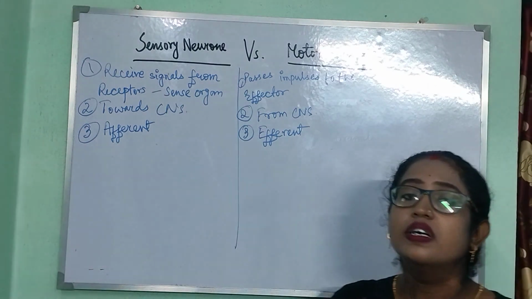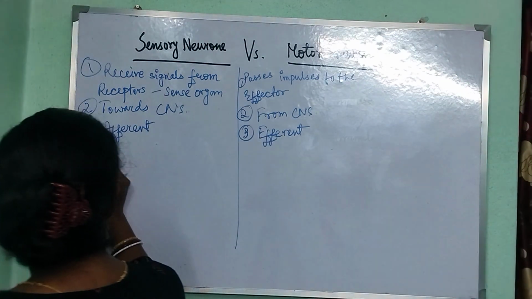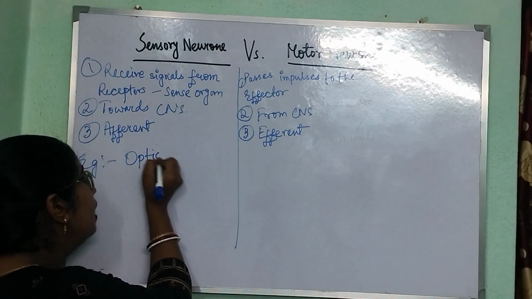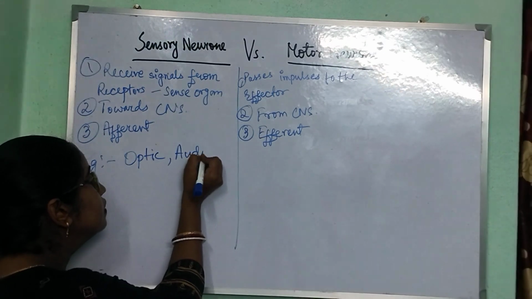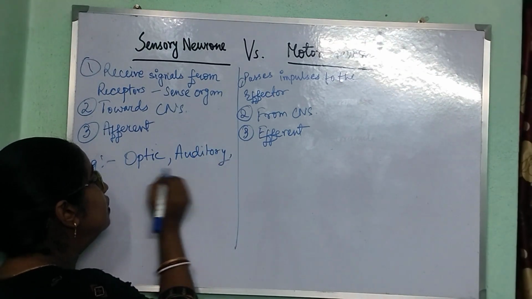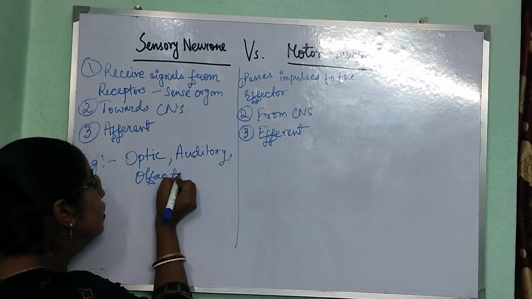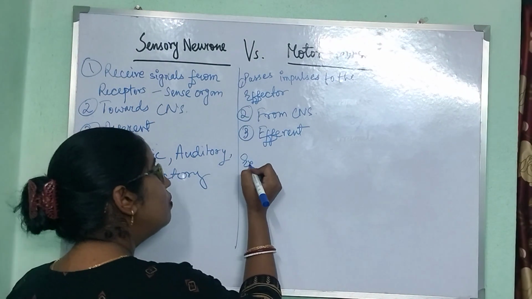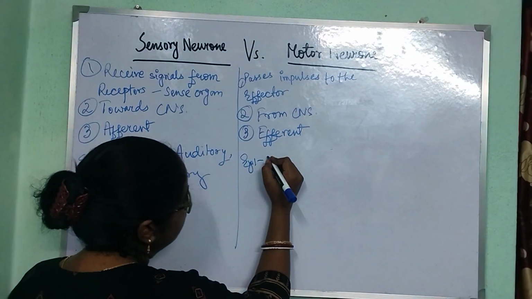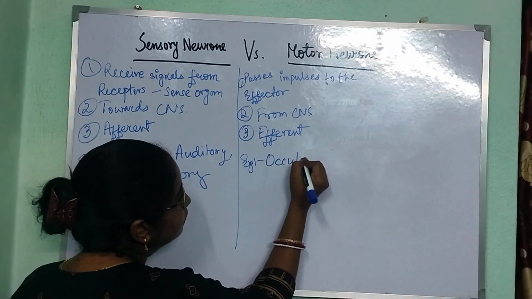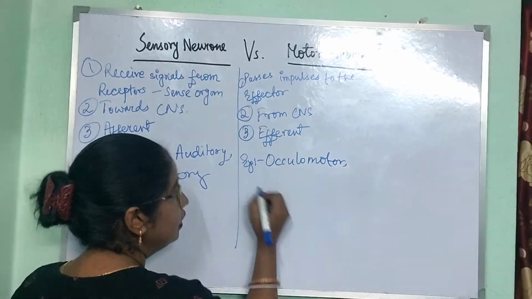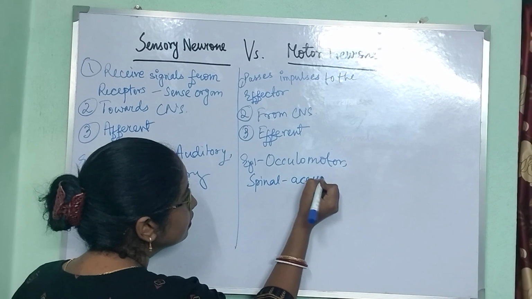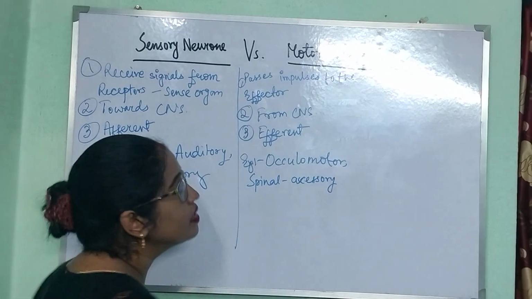Now, a few examples of sensory neurons are the optic nerve, the auditory nerve, the olfactory nerve, etc. And some examples of motor neurons are the oculomotor nerve and the spinal accessory nerve.